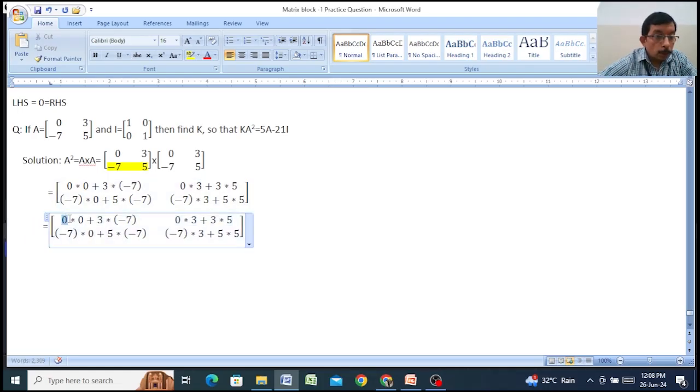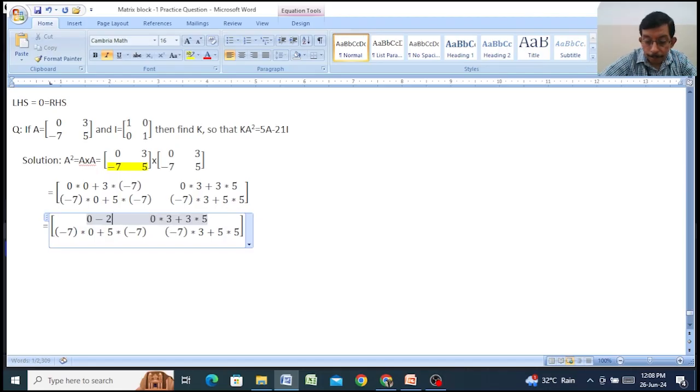Zero multiplied by 0, the result is 0. Note down 0 in the same position. 3 times minus 7 is minus 21. Note down minus 21 in the same position. 0 into 3, the result is 0. Note down 0 in the same position. 3 into 5, 15. Note down 15 in the same position.